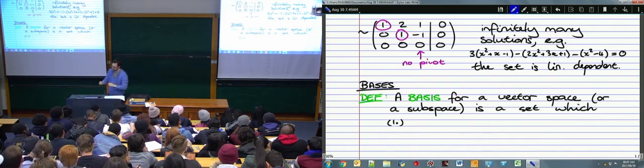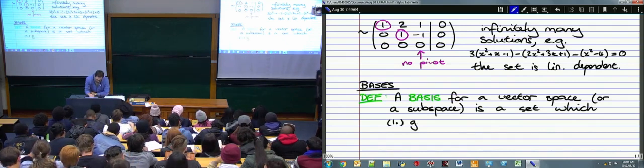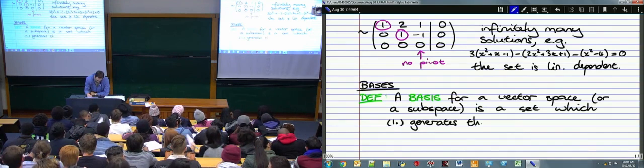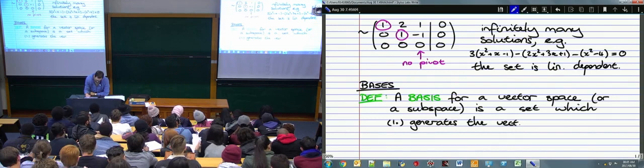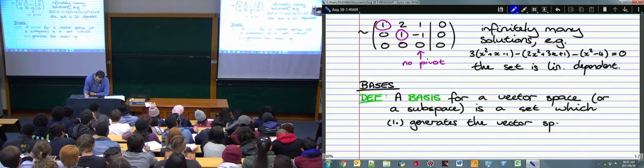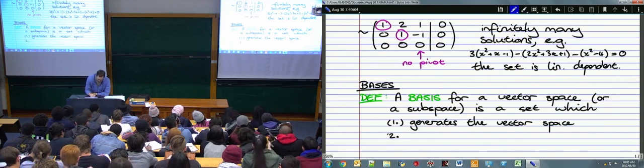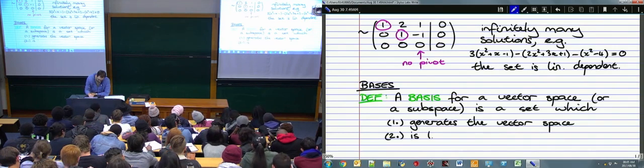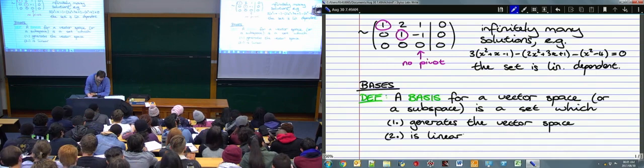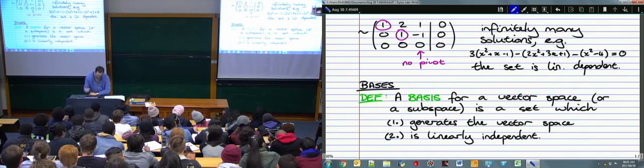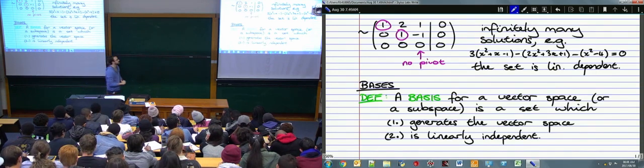So one, it generates the vector space, and two, it is linearly independent.